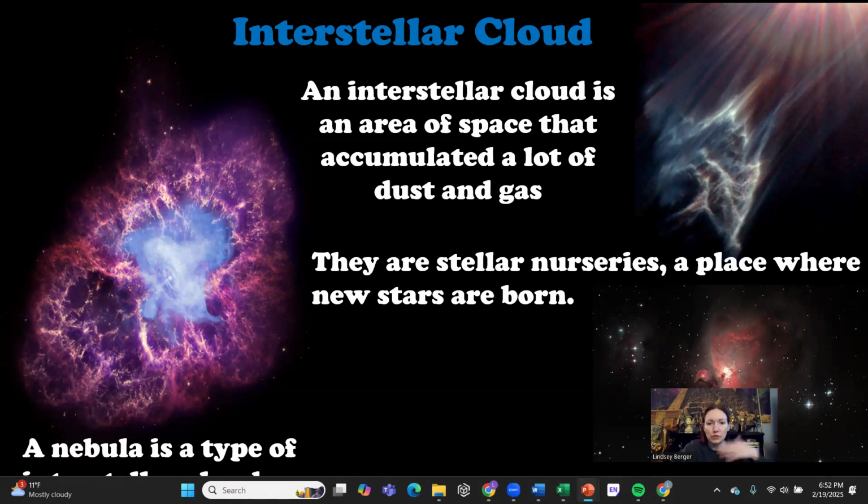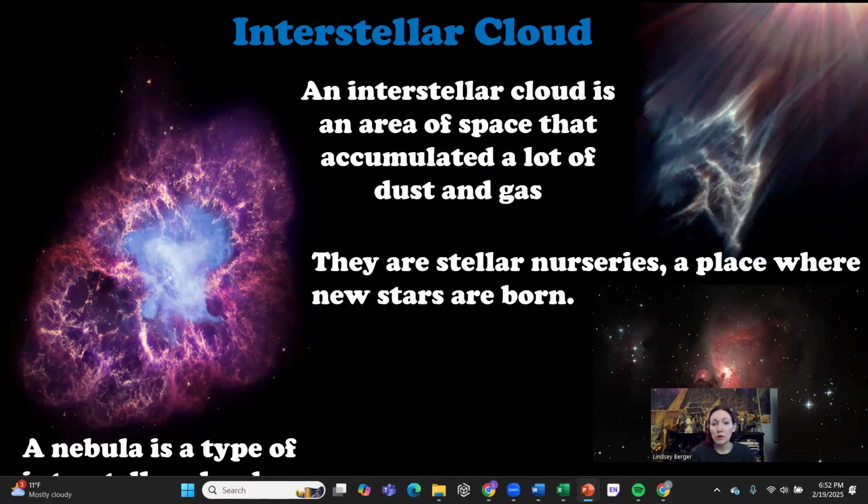But a nebula is essentially a large grouping of dust and gas and sometimes heavier elements that are all being held together by gravity in a particular area. And what can happen here is that gravity eventually can coalesce parts of it back together where new stars can form from this dust and gas and remnants.